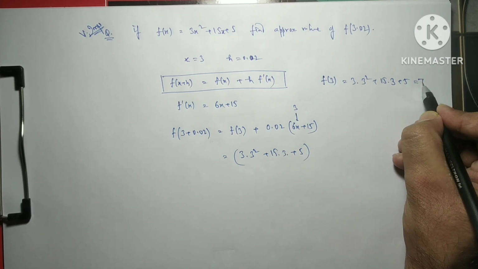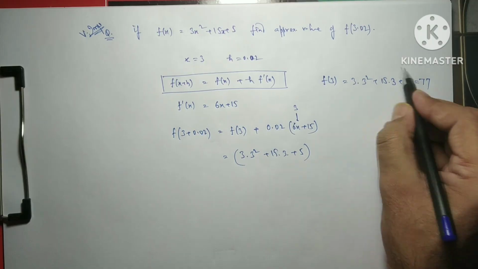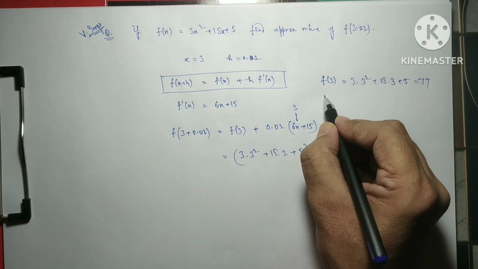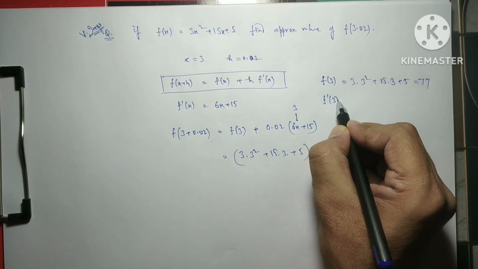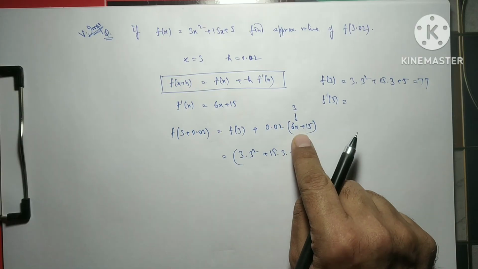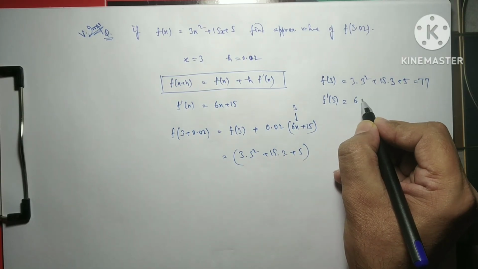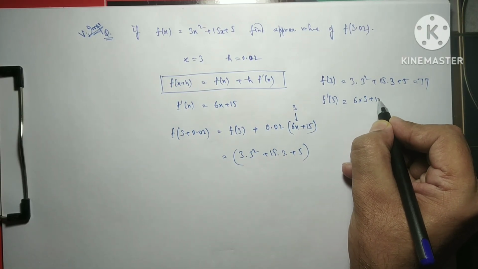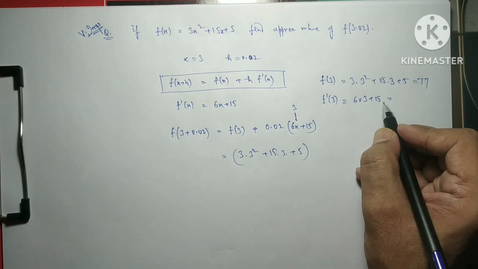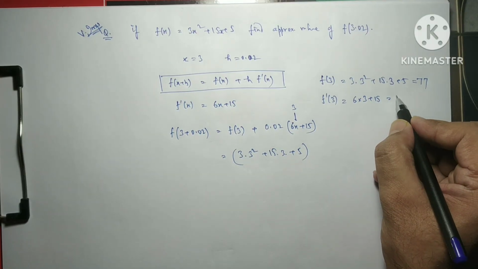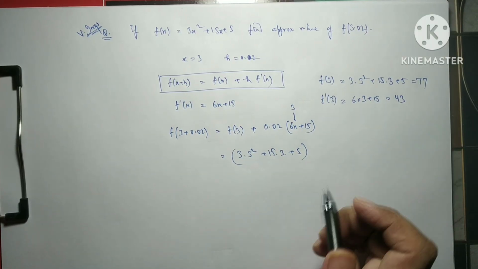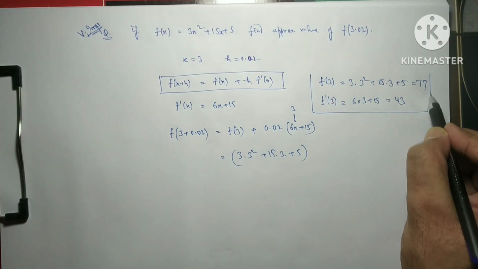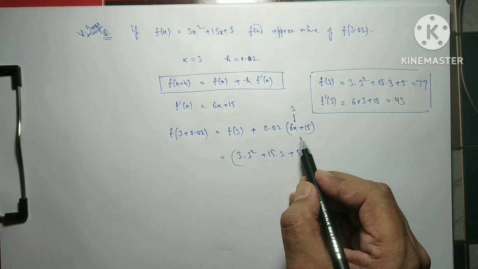You will collect this value, that is 77 in addition. And what is f'(3)? It will be 6 into 3 plus 15, so it is 18 plus 15. So put these values in this expression.